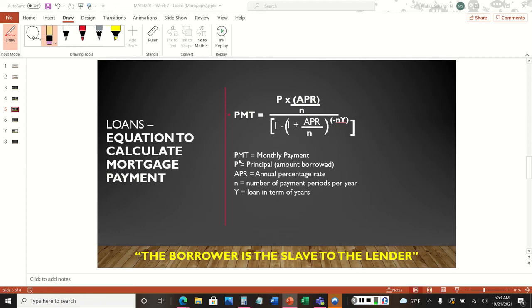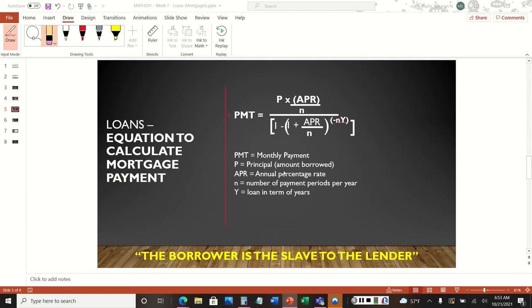These brackets are very important. So the letters in this equation: PMT means the monthly payment. Again, this could be for any type of loan, whether it's an auto loan or a mortgage.